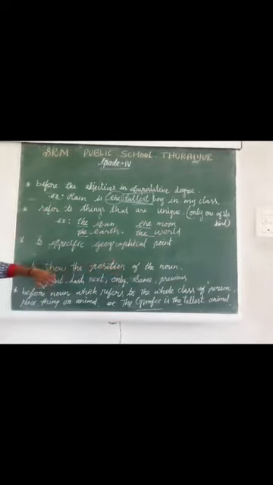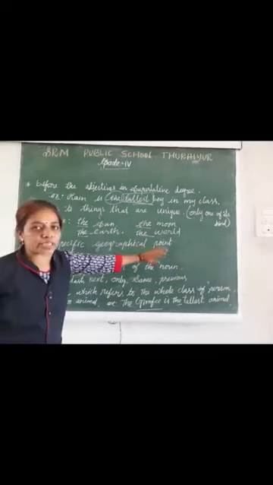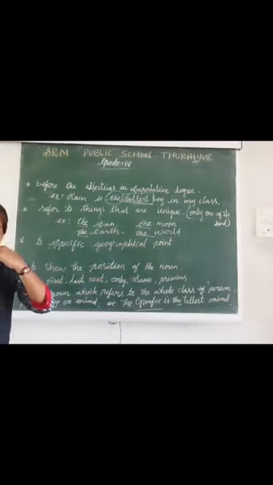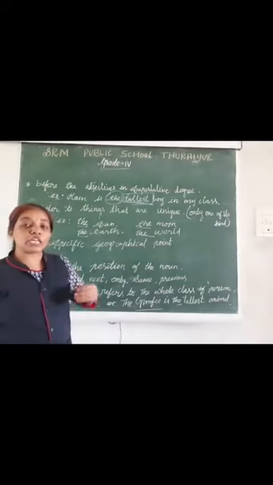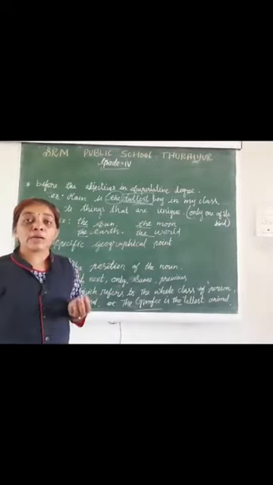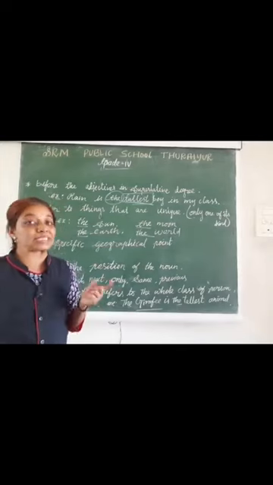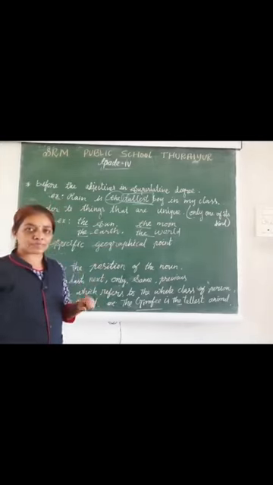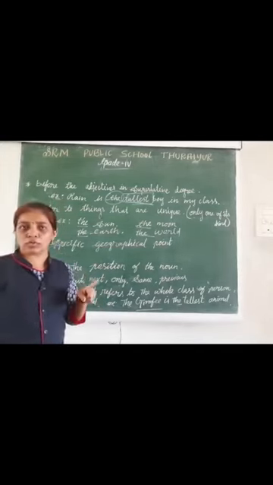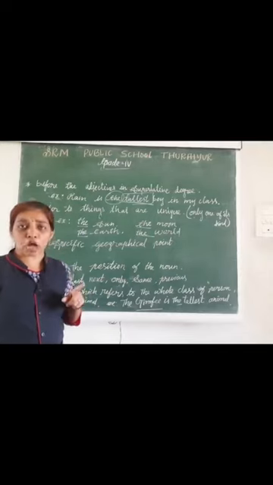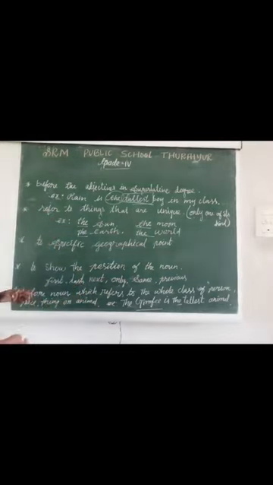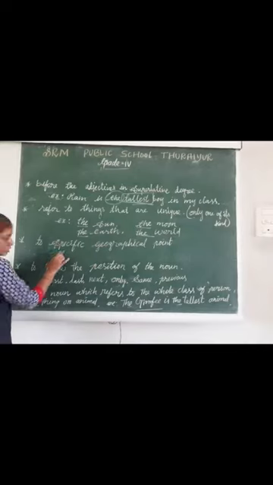The next rule: to specific geographical points. When we mention a particular geographical point, before that we have to use "the". For example, the North Pole, the East Pole, the South Pole.